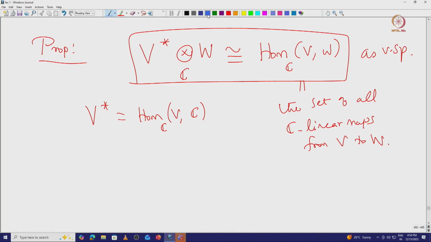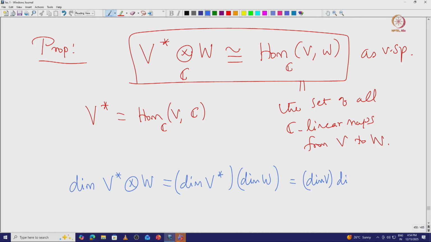First, note that the dimension matches. The dimension of V dual tensor W is exactly the product of the dimension of V star times the dimension of W, but the dimension of V star is exactly equal to the dimension of V. So, this is exactly dimension V times dimension W, which is exactly the dimension of the Hom space Hom(V, W).